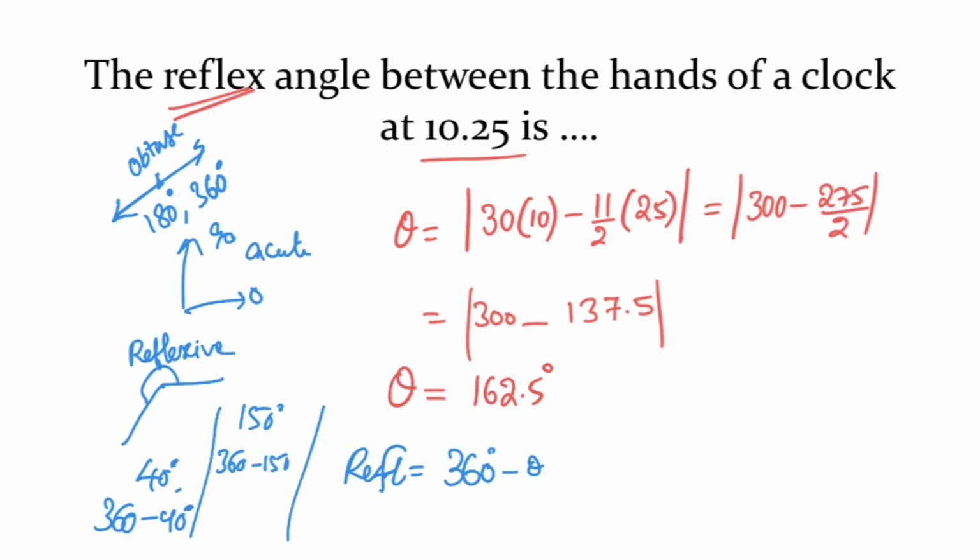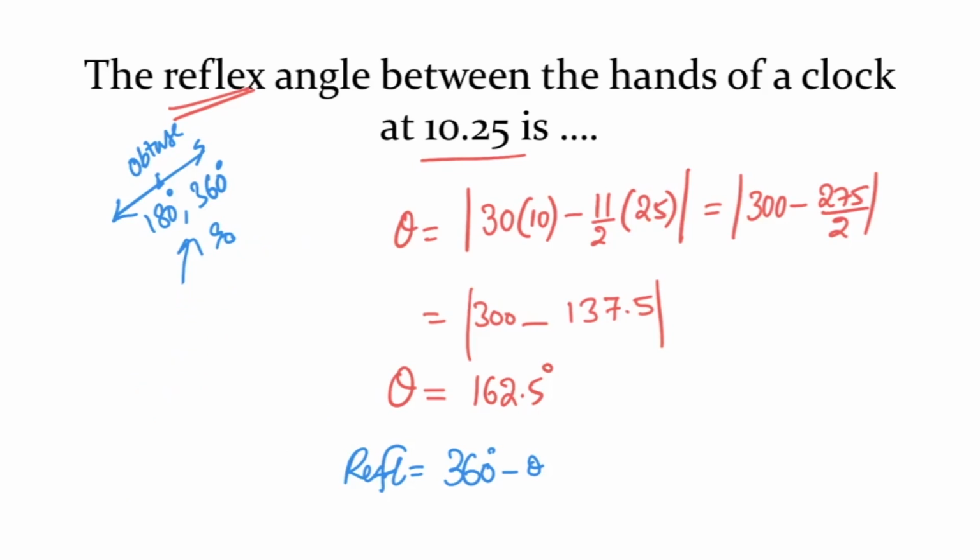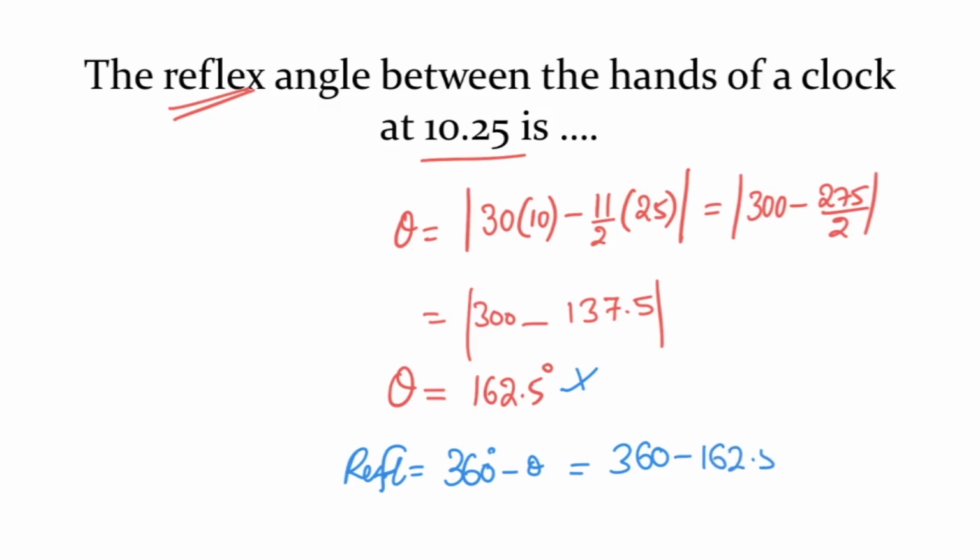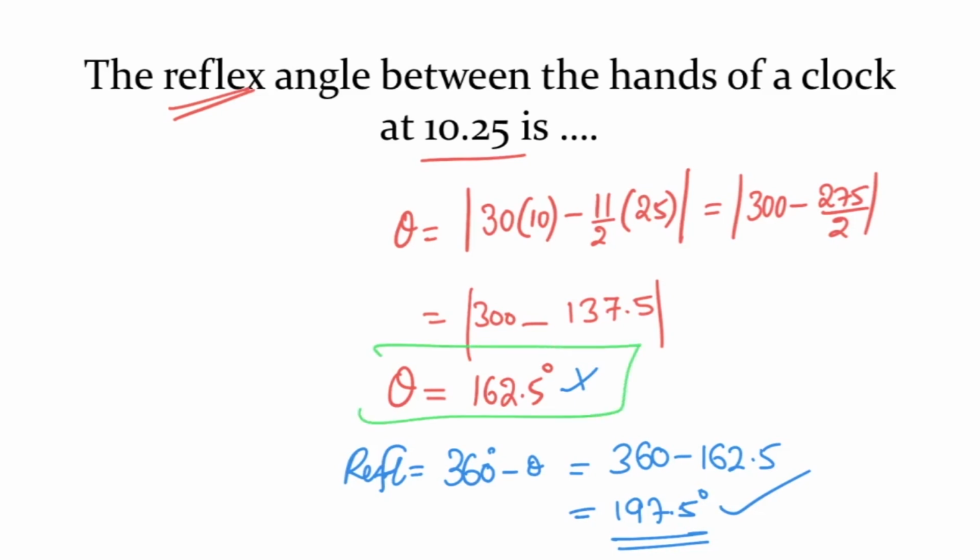Similarly, for this problem, a reflexive angle is required and we obtained 162.5, which is not a reflexive angle. So subtract it from 360. 360 minus 162.5 is 197.5 degrees, which is more than 180. It is the reflexive angle. Actually, if the requirement is the angle between the hands, 162.5 is the right answer. But if the reflex angle is required, subtract the obtained value from 360 degrees.